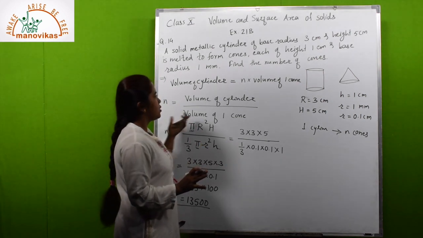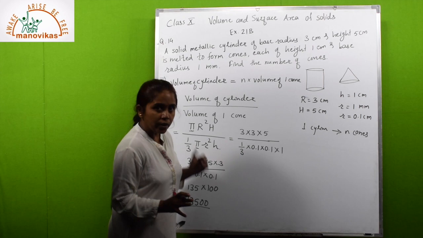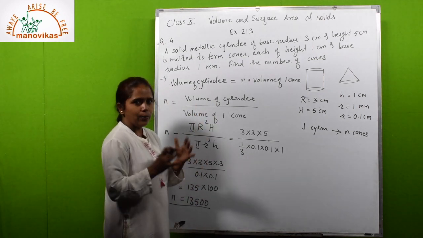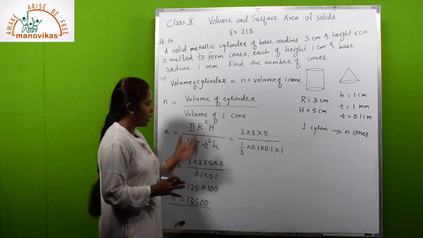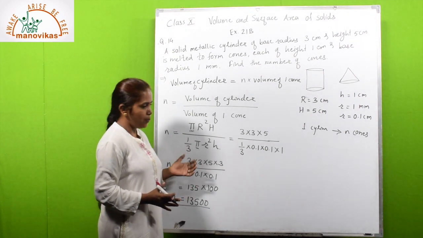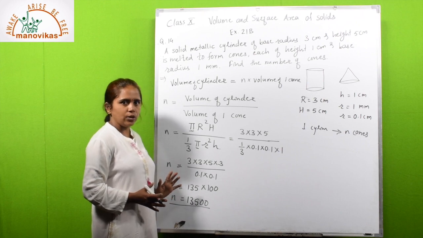So the number of cones will be the volume of the cylinder divided by the volume of one cone. If you find the separate values and divide, it will be difficult, so I have written the formula because you can cancel the similar terms. It makes the calculation easy, so you can apply this method.